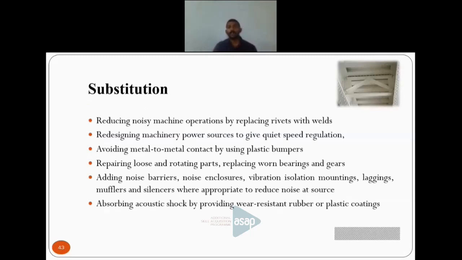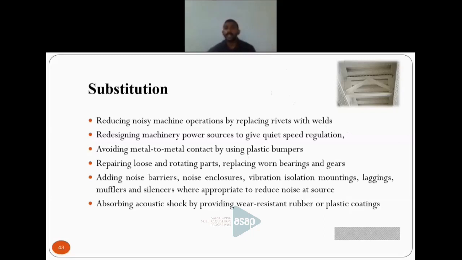For example, here, replacing rivets with welds. This is a rivet joint. Rivet joints we mostly see in railway bridges and railway over bridges. If rivets are provided, there are chances of higher shaking and higher levels of noise. So instead of these rivets, we can use welds, which reduce the sound.